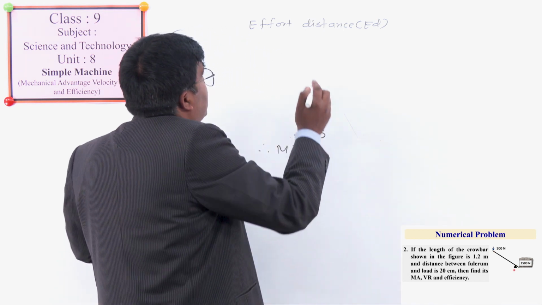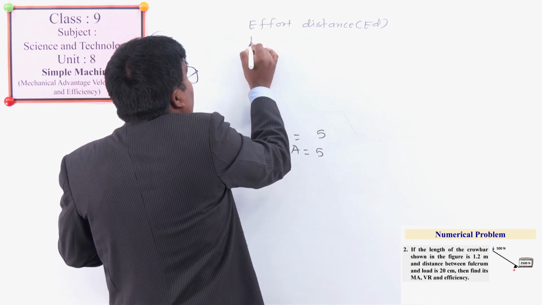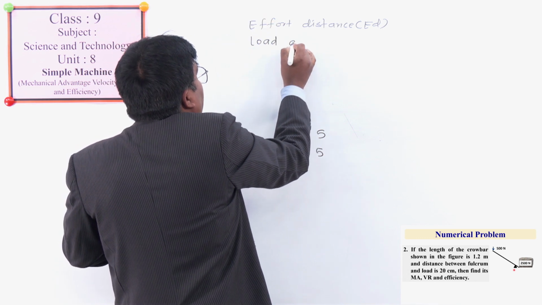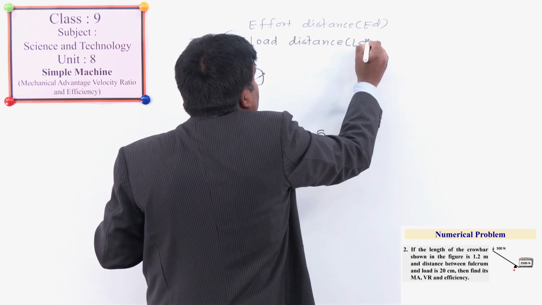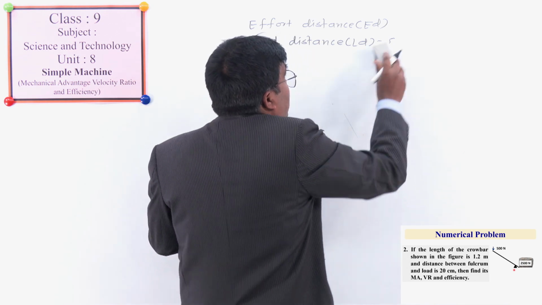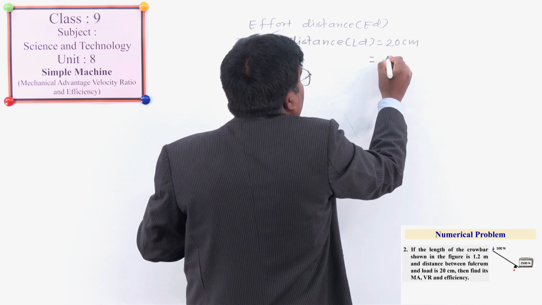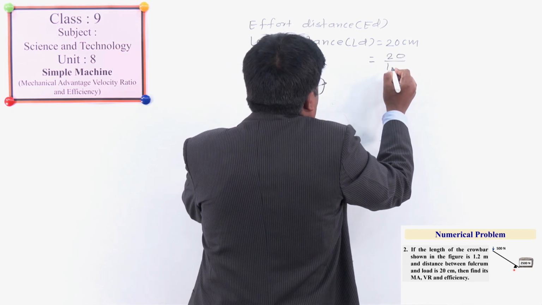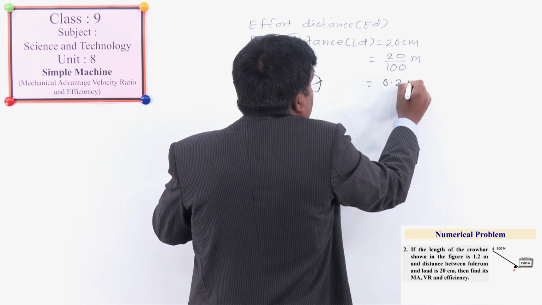So first let me do the load distance, and then I will explain the effort distance. Load distance, LD equals 20 centimeter. So 20 centimeter means 20 by 100 meter, that means 0.2 meter.